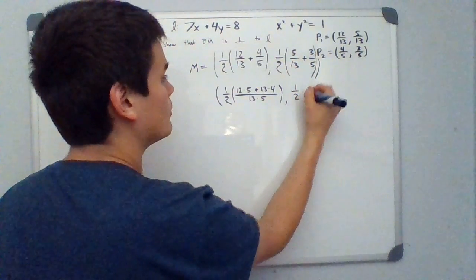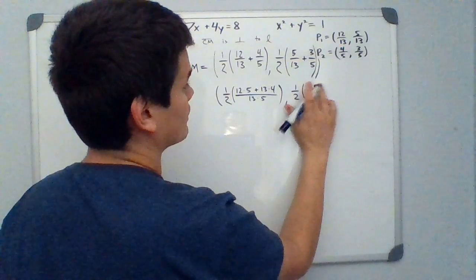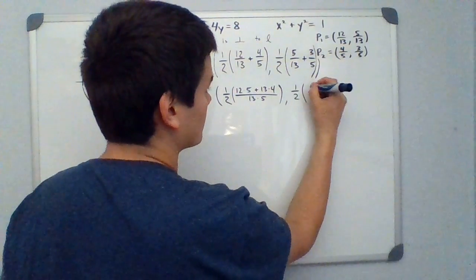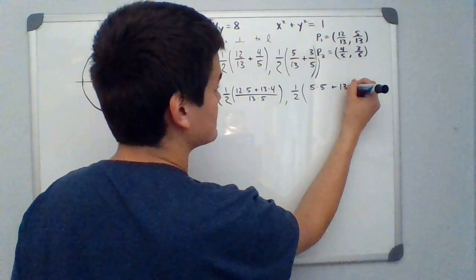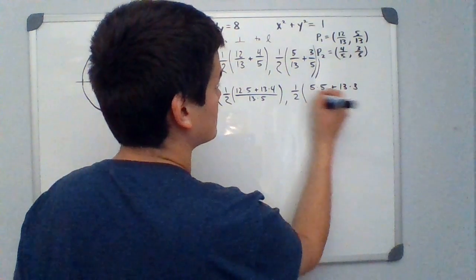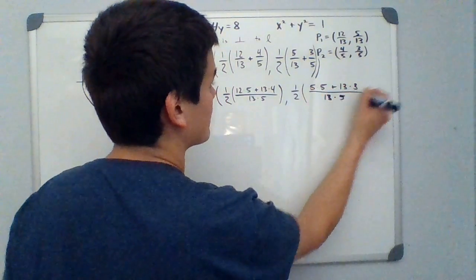And then combining these fractions, I have (5 times 5 plus 13 times 3) divided by (13 times 5).